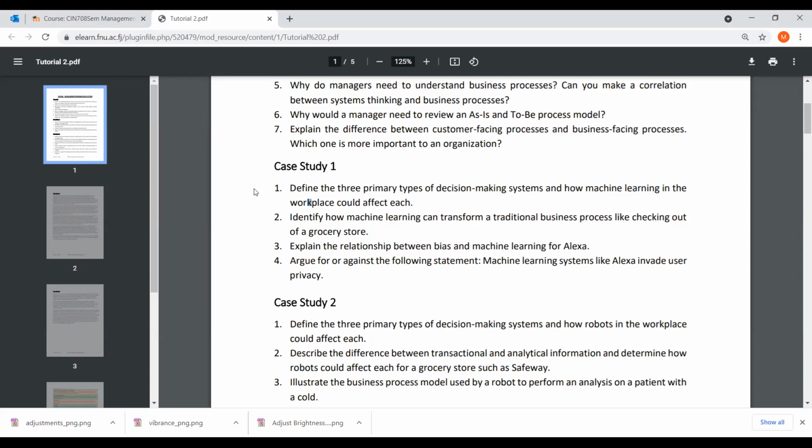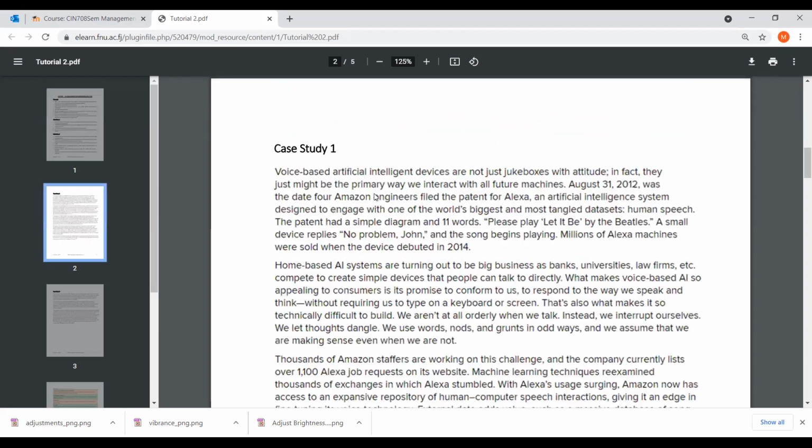So we'll be talking about Alexa in our case study. And question number 4: argue for or against the following statement. Machine learning systems like Alexa invade user privacy. So we'll talk in favor of, or against Alexa, and see what we can come up with. So let's hop into the case study.